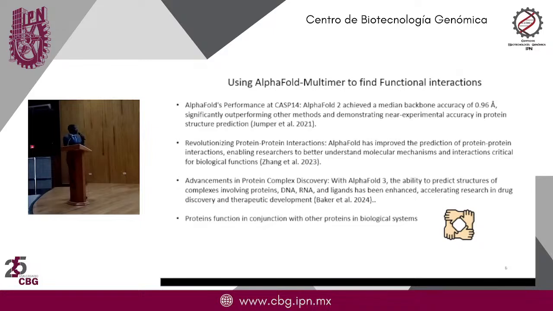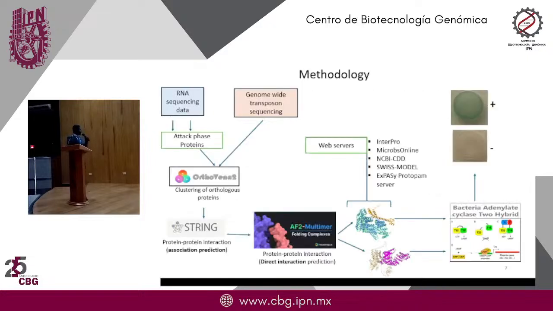So, dealing with hypothetical proteins, which are many in Bdellovibrio, we thought, let's approach it from the angle of protein-protein interaction. That way, we can see what proteins are functioning together and interacting, and begin to solve the mystery of the molecular basis of predation. AlphaFold-Multimer was central to our work.